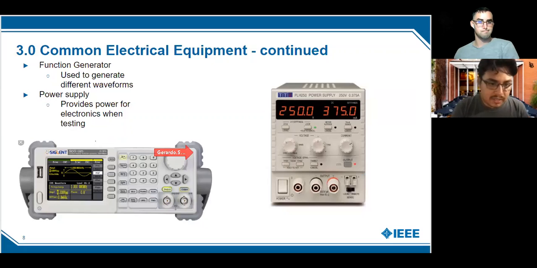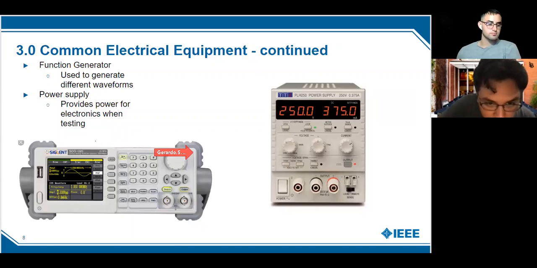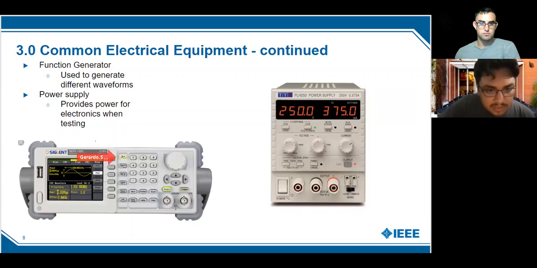So on the left side here, we see that that is a signal generator. These options up here, for example, this one up here is a sine wave. This right here is a square wave. I believe this is a ramp, if I'm not mistaken, and this is just a pulse.